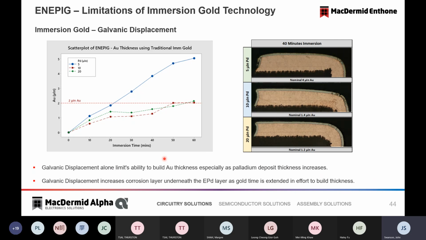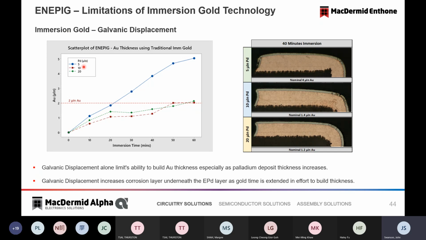So my last subject today, before I take questions, is I want to highlight that there are some limitations of immersion gold technology. In the industry today, you may hear about other forms of gold technology. And what I want to show here is the nature of galvanic immersion coating.